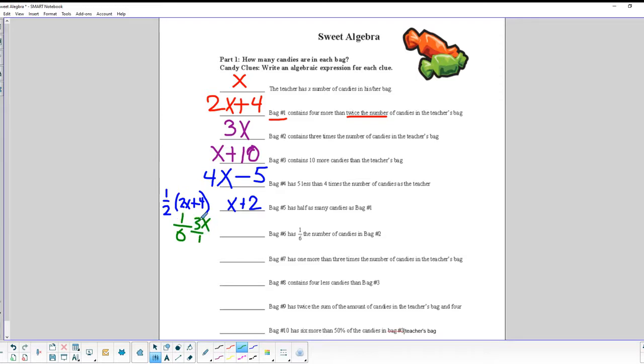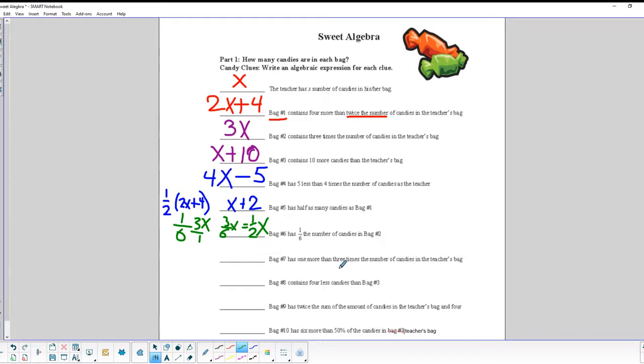So if you do 1 times 3, you get 3, and 6 times 1 is 6, and then all of that's times x. So 3/6x also equals 1/2 x. And that's the number we're looking for, the final answer on that particular problem. All right, so far so good.